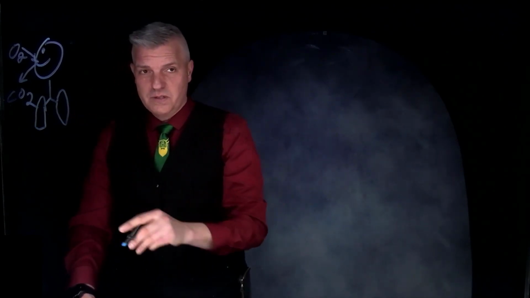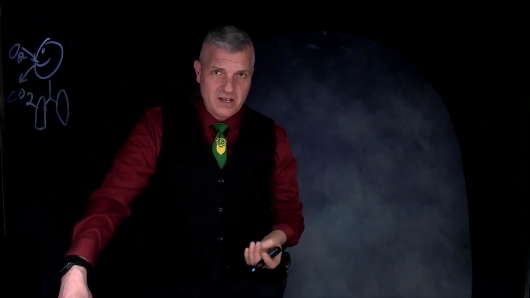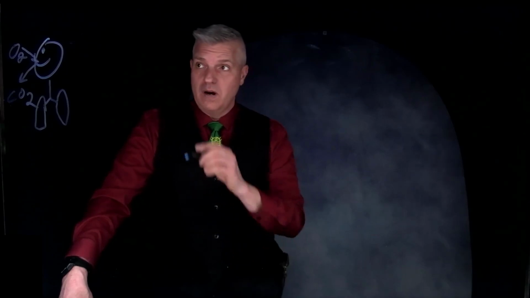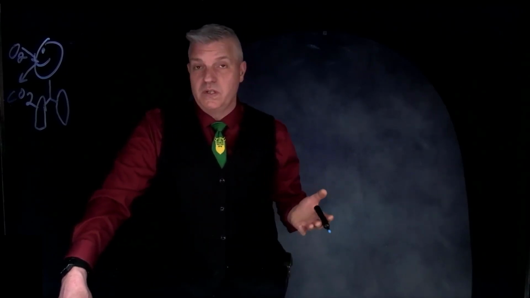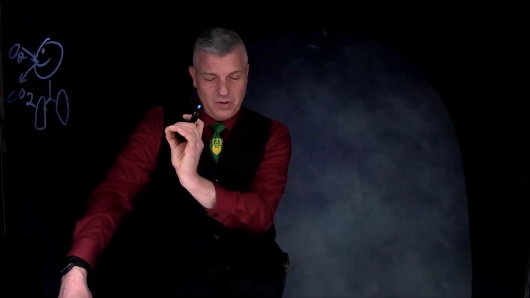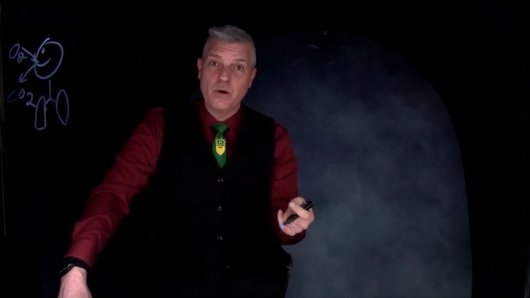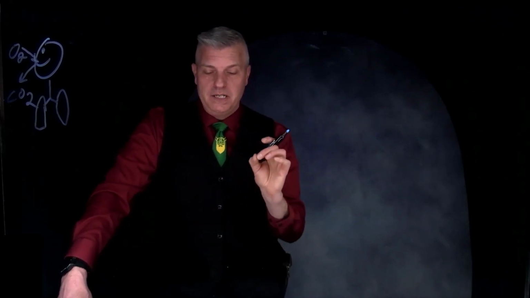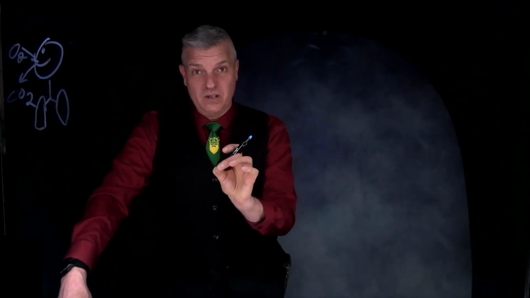Inside of the lungs, these respiratory gases are exchanged with blood. So oxygen diffuses from the air in your lungs into the blood that's running through your lungs. And the CO2, the carbon dioxide, diffuses from the blood in your lungs out into the air that's in your lungs.